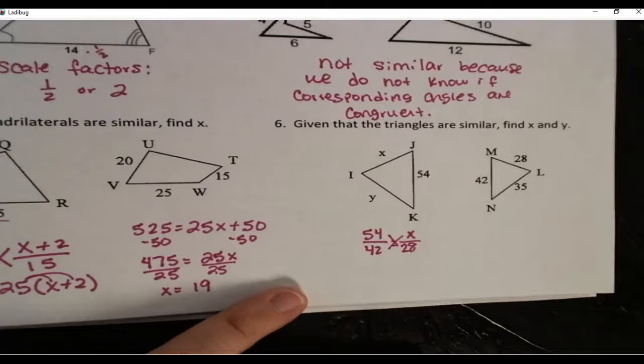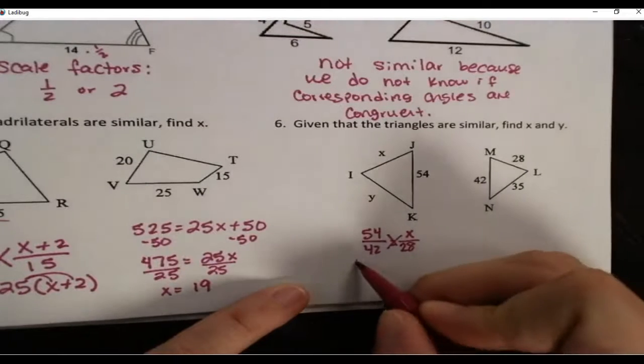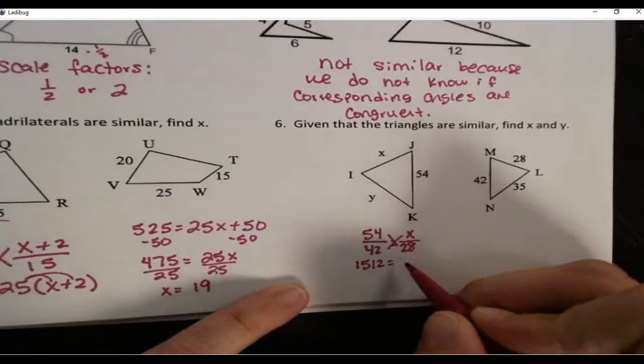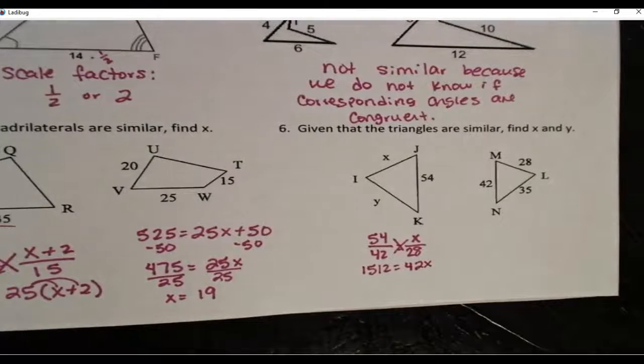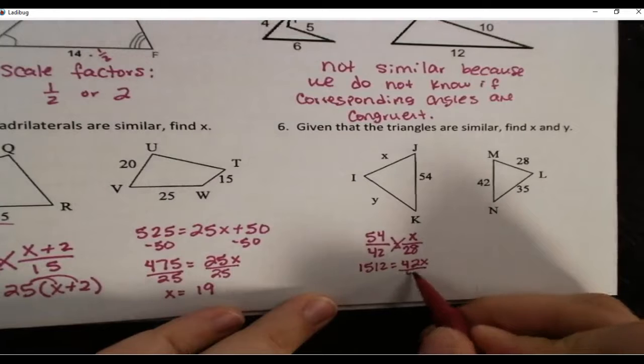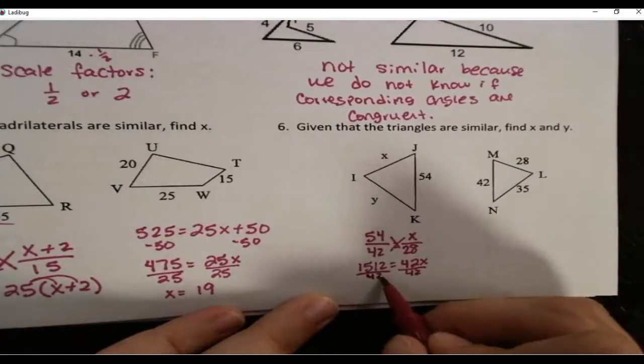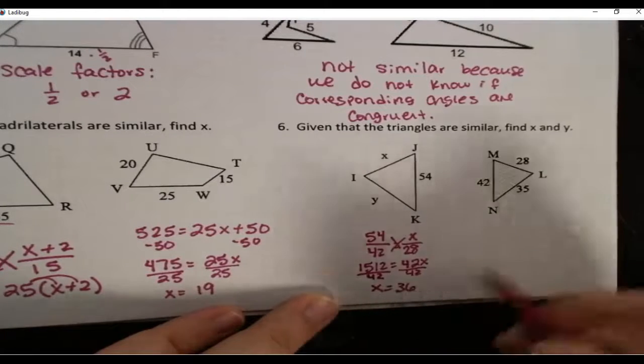So we do 54 times 28, which gives us 1512, equals 42x. And then what would be my last step? You got it. Divide by 42. Good. So x equals 36.